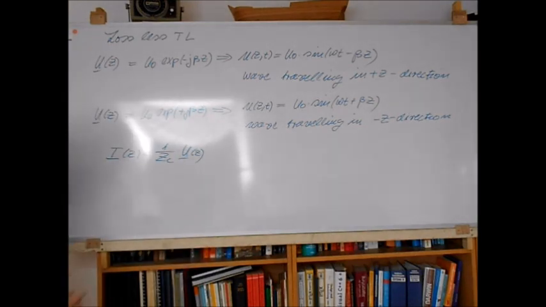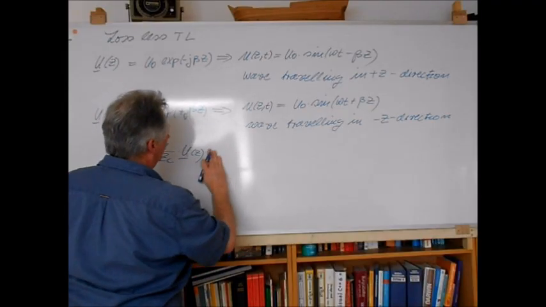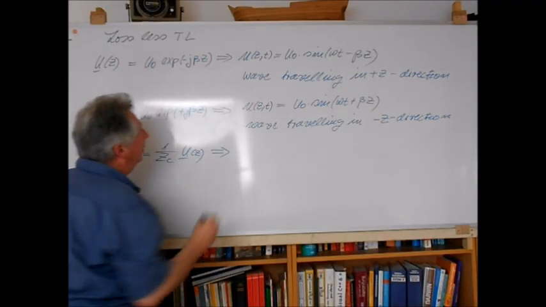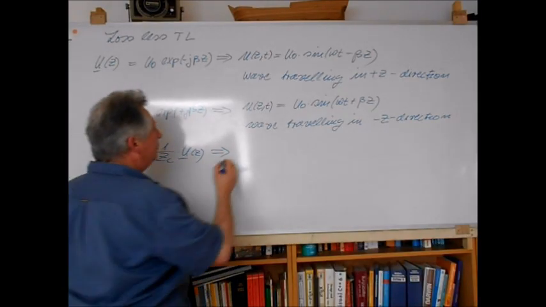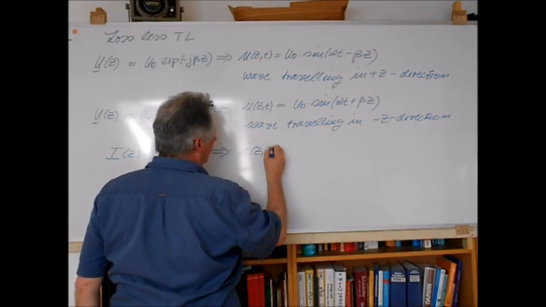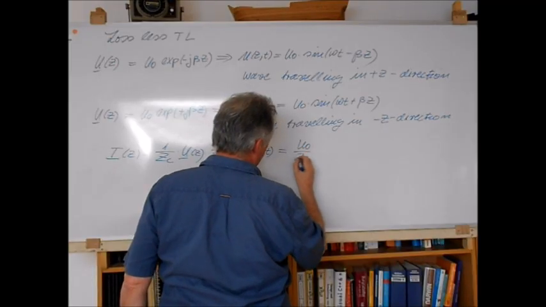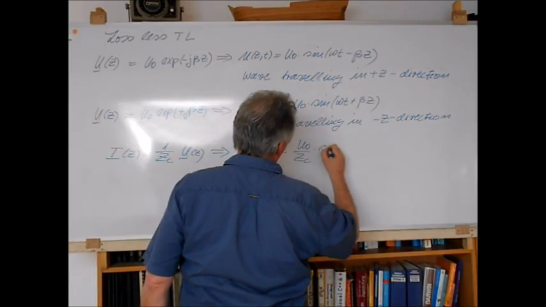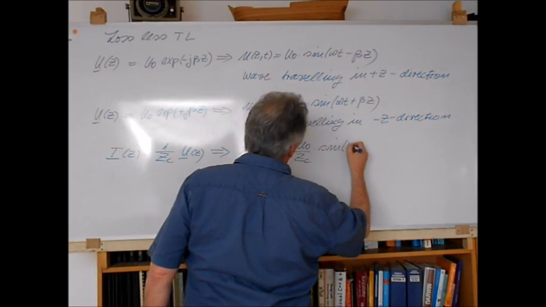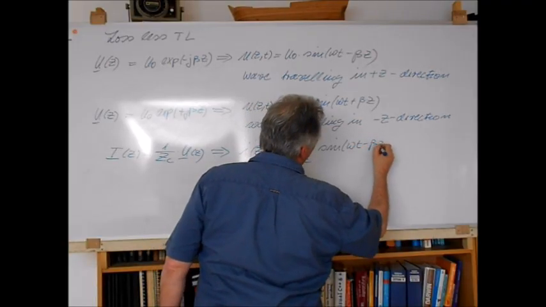This means if I also change this into a function of space and time, I of z, t will be u naught divided by zc times sinus omega t minus beta times z.